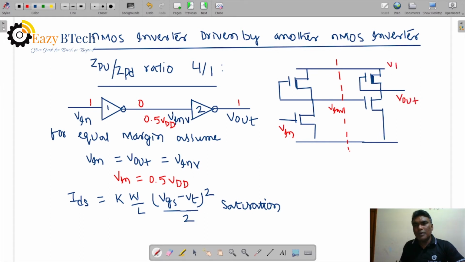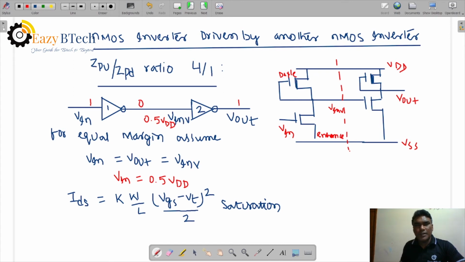Now VDD and VSS. Here this is a depletion mode transistor, for which we have written the current equation, and for the enhancement mode we have also written the current equation.